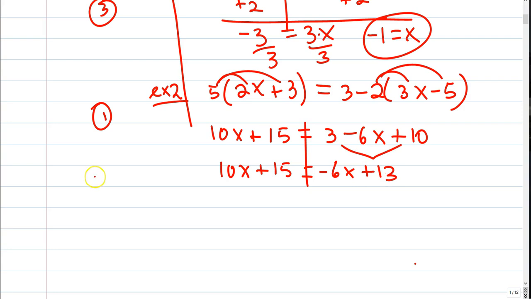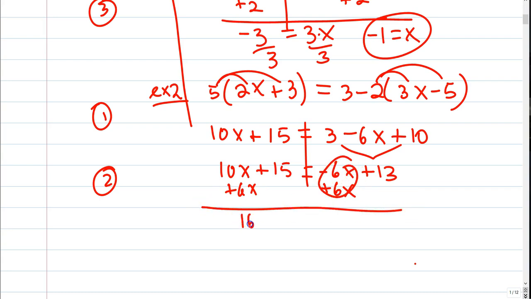Now we are ready for step 2, which is isolate the variable. I cannot combine these across the equal sign, so we move the x. I either subtract the smaller of them, or if it's negative, we can add it over. That zeroes it out, leaving us with 16x plus 15 is equal to 13. And now we're ready to do inverse operations.